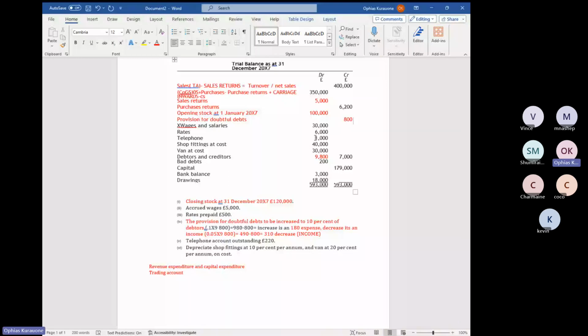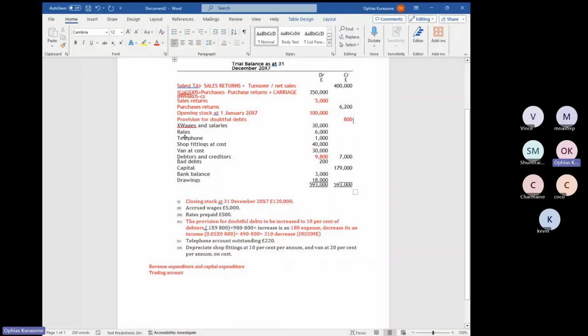So you need to make sure that you understand and do your adjustment correctly so that the examiner can award you the big marks. But if you don't want big marks, there's no harm, you can just ignore them, but you won't get as many marks as possible. You can get very few marks. So big marks are obtained through the adjustment.